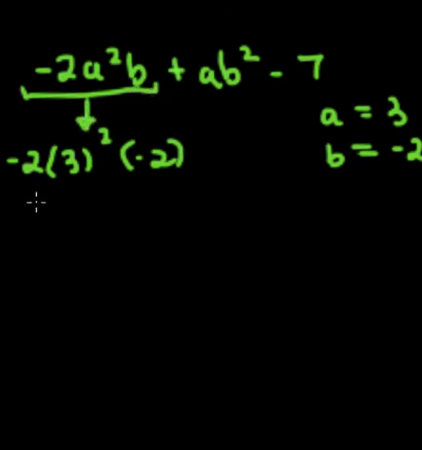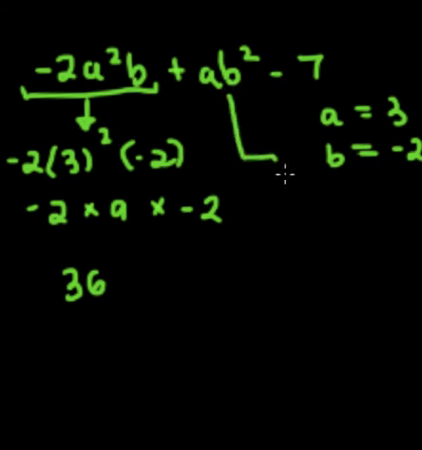That gives me -2 times 9 times -2. So -2 times -2 gives me a +4, and 4 times 9 is 36. So that will be the answer for this part of the polynomial.